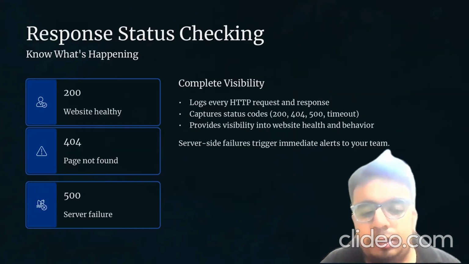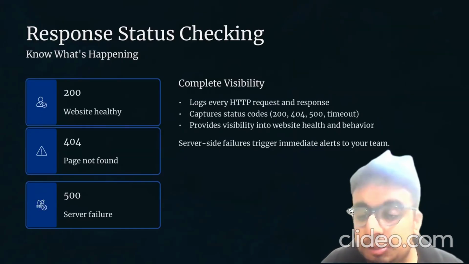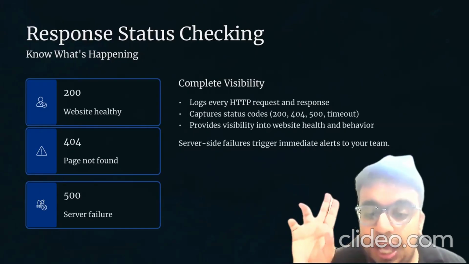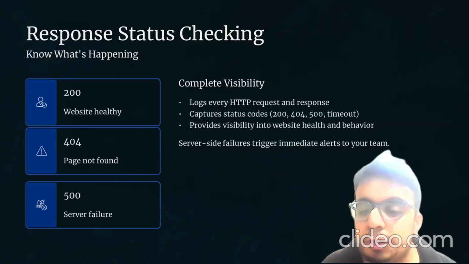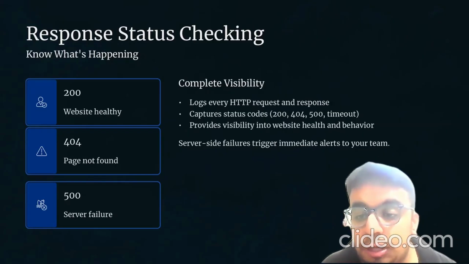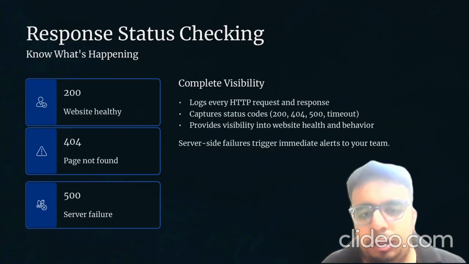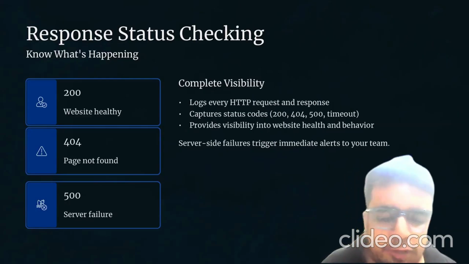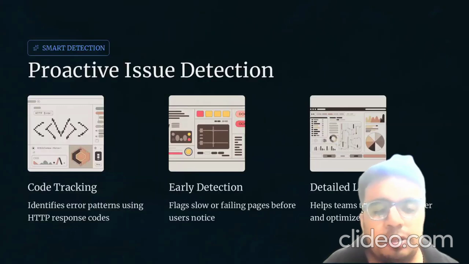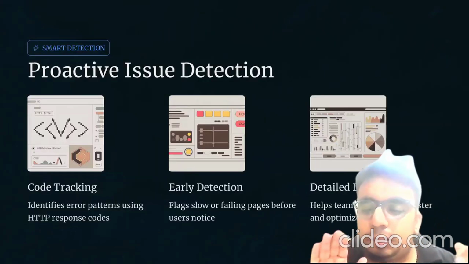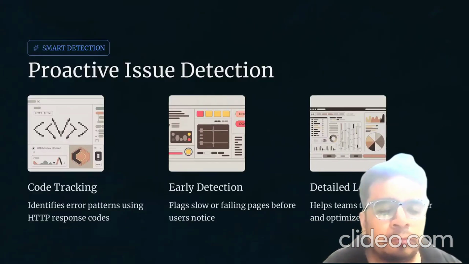We can detect errors like 500, a server failure error or hacking error. Then 404, the page not found error, which is a temporary error occurring at different instances, and we can also resolve it. For the unresolved errors, we can develop a new website also.